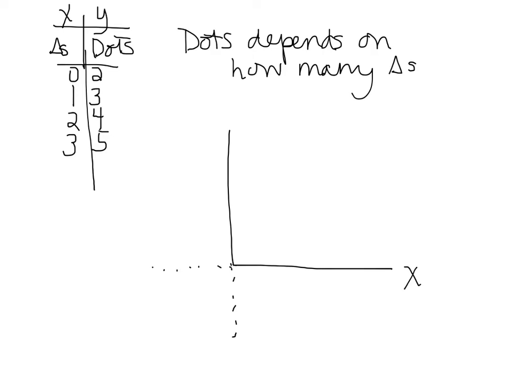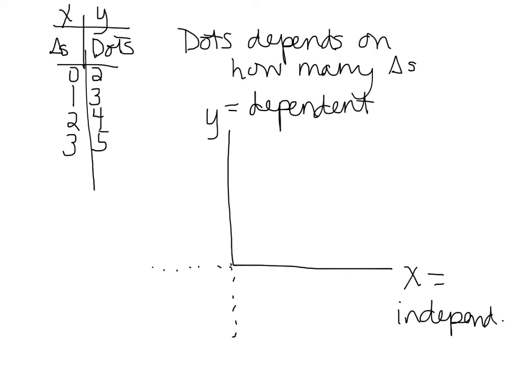So this is the x-axis, this is the y. From now on, the x-axis will always be the independent variable, and y will always be the dependent. Like we said, the dots, that's y, depends on how many triangles, that's x.